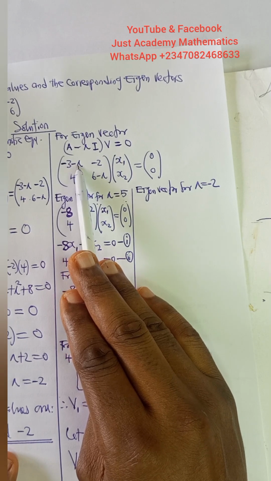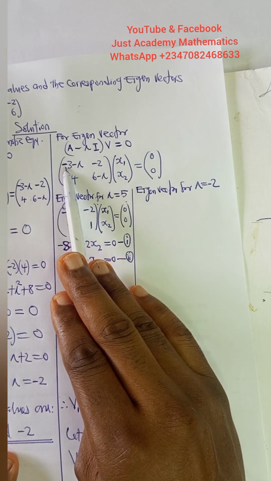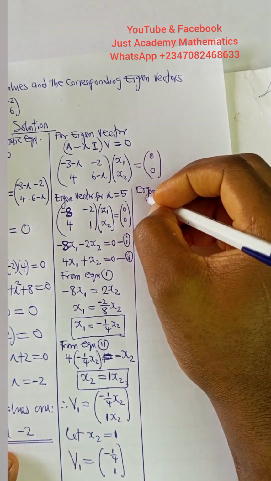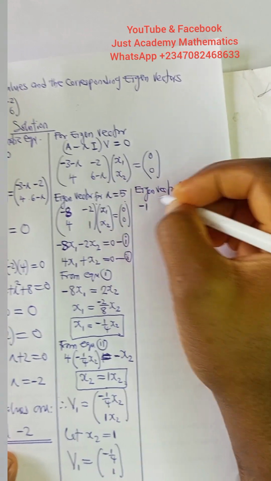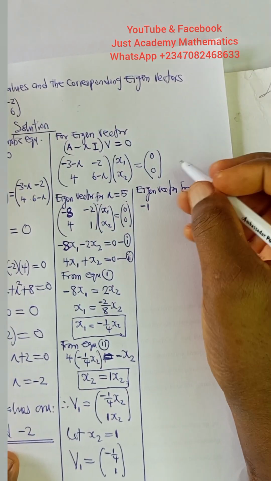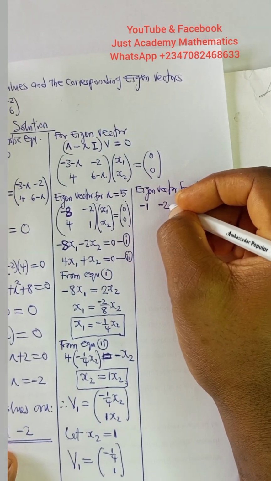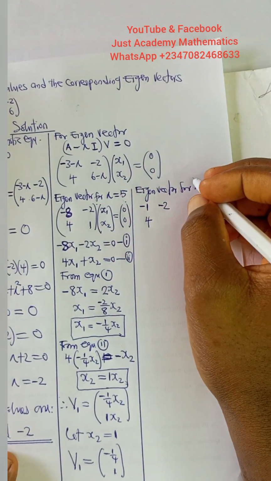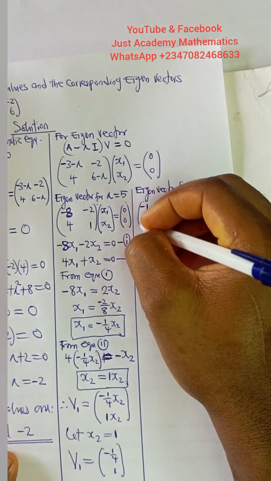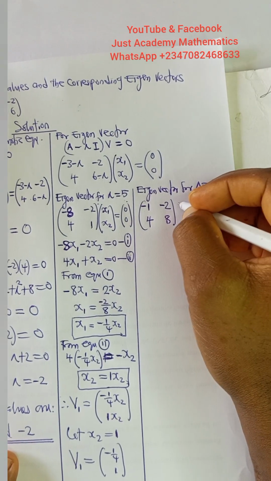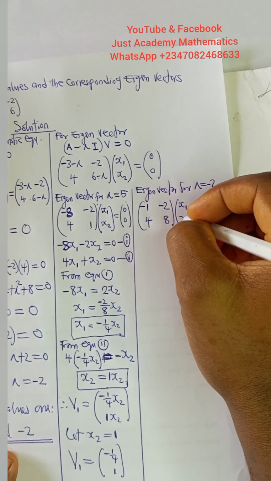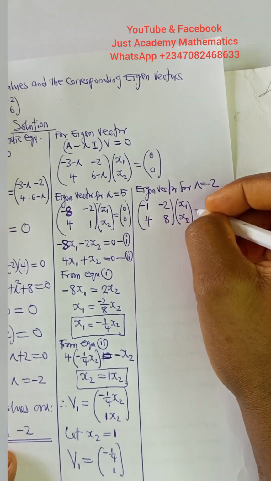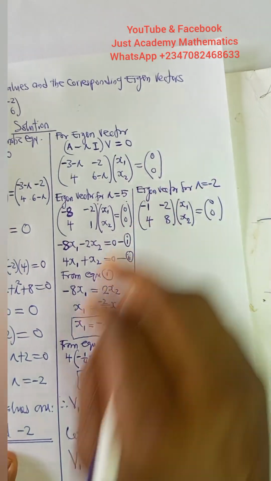Minus times minus 2 will give you plus 2. Minus 3 plus 2 will give you minus 1. So this is minus 2. Then we have 4. And we have 6 minus times minus 2 will give you 8. Are you seeing it now? Times x1, x2 must be equals to 0, 0.